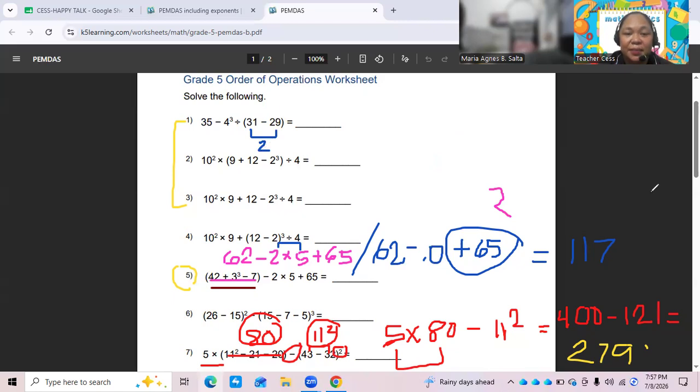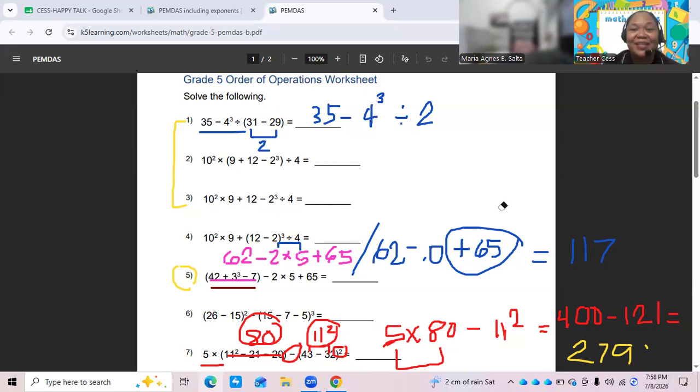What is the remaining? Not yet, there's more. 35 minus 4 raised to 3 divided by 2, because your answer in the parenthesis is 2. Which one are you going to do next? Division? Are you sure? Look at the remaining operations.